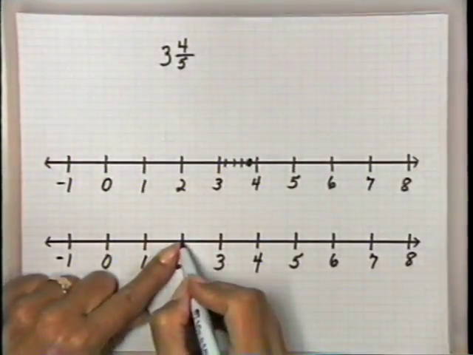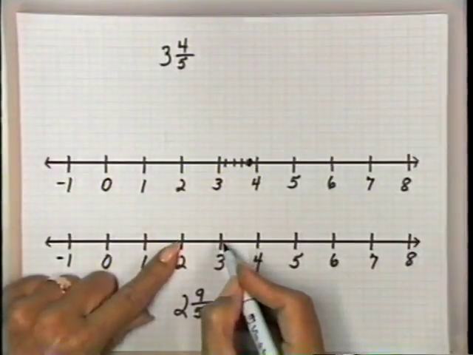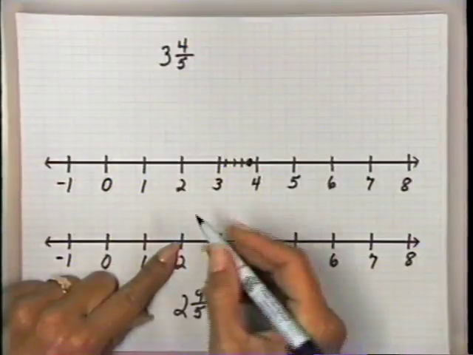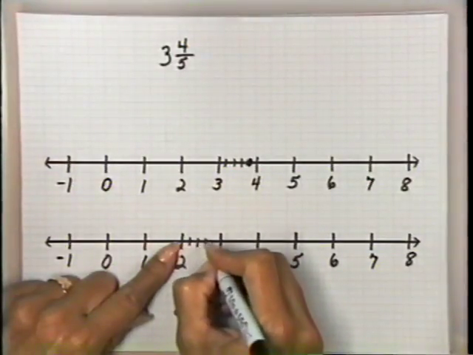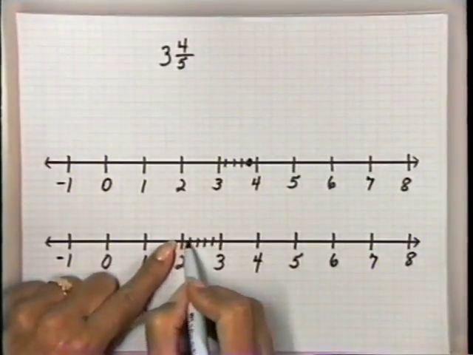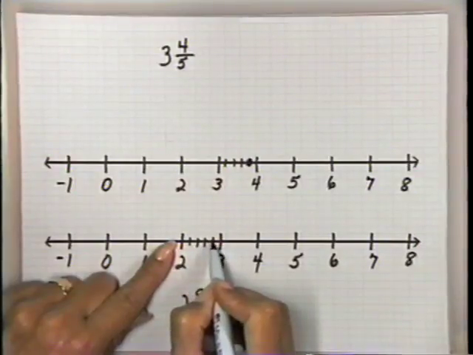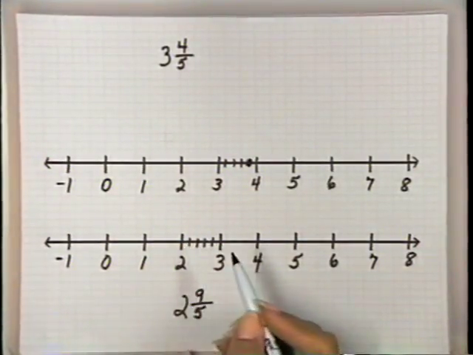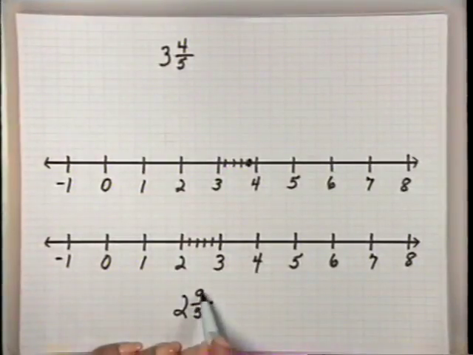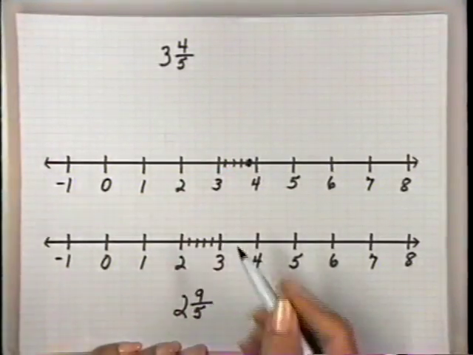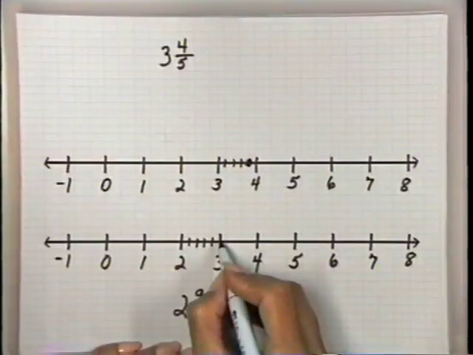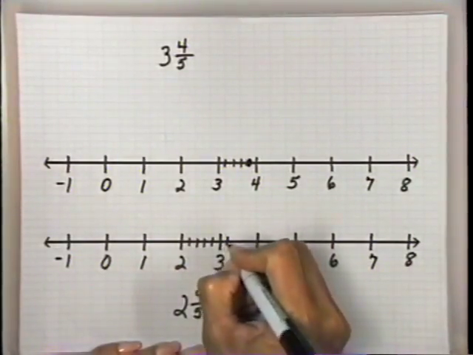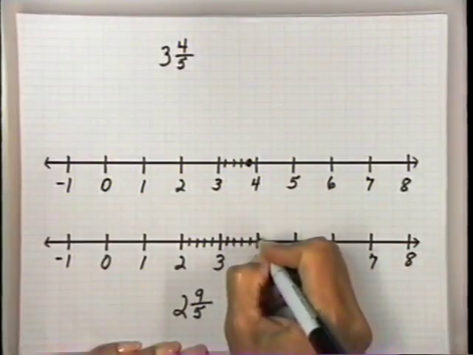Well, let's take this first distance from 2 to 3 and divide that into 5 equal units. So I've got 1, 2, 3, 4, 5. Once again, each of those smaller units is called a fifth, but I don't need just 5, do I? I need 9. So let's go on from 3 to 4 and divide that into 5 equal units. 1, 2, 3, 4, 5.